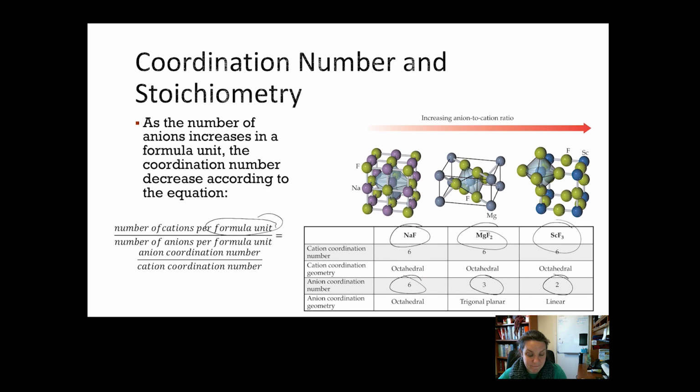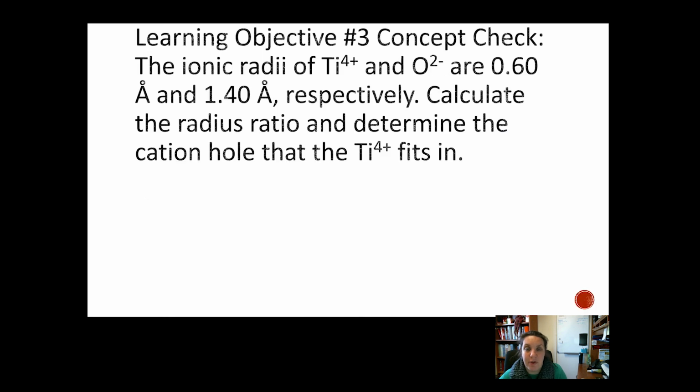Let's see how you guys are following along so far. We've got titanium 4+ and oxygen 2-. We have radii of 0.60 angstroms for titanium 4+ and 1.40 for oxygen 2-. We want to figure out our radius ratio, and from there determine our cation hole.